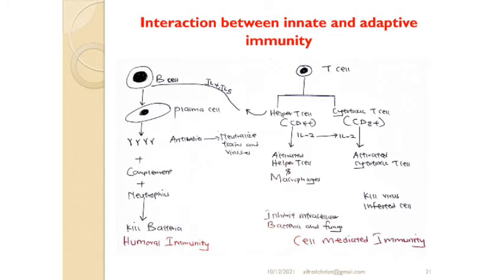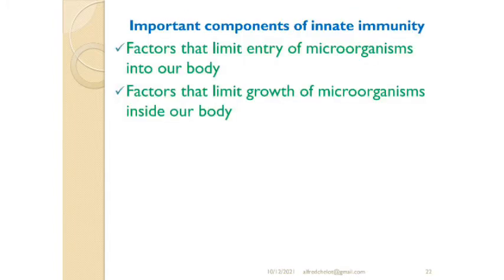We have the T cell, which gives us a helper T cell and cytotoxic T cell. So activated helper T cell is going to inhibit intracellular bacteria and fungi, whereas activated cytotoxic T lymphocyte will kill virally infected cell.